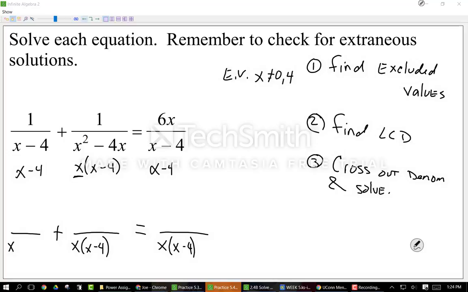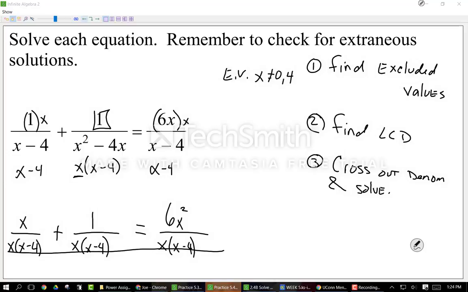And all of them contain it, so that's even better. So what did I do? I multiplied this by x. This one I didn't touch at all because my denominator stayed the same. This 6x I multiplied by x, so I get 6x squared. Oh, I have a squared. That means I have a quadratic. That means I need to do the steps from before. Oh man. Step 3, cross denominators out and solve.